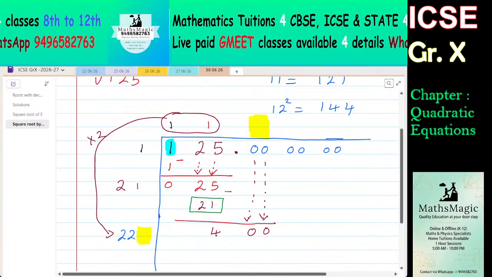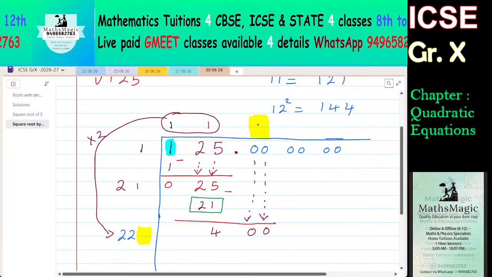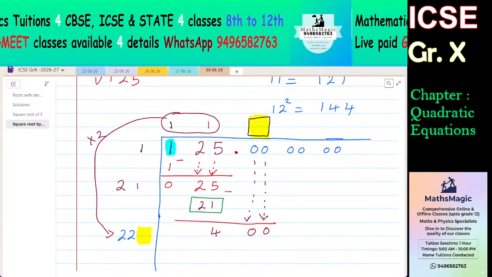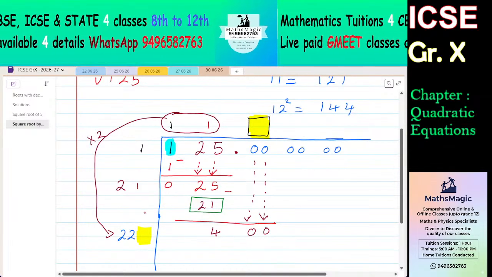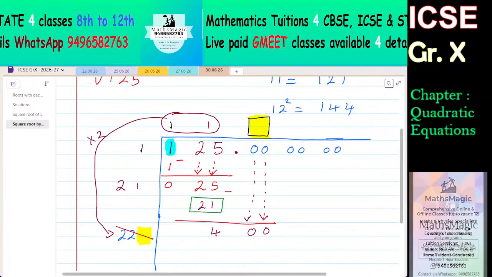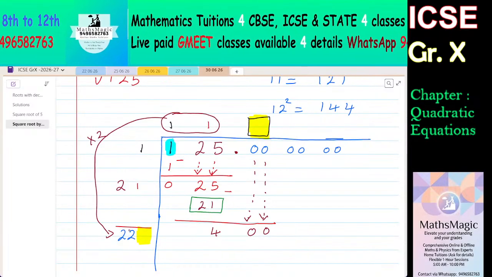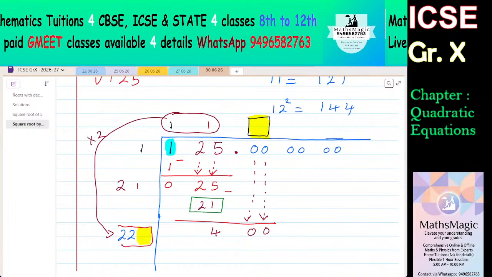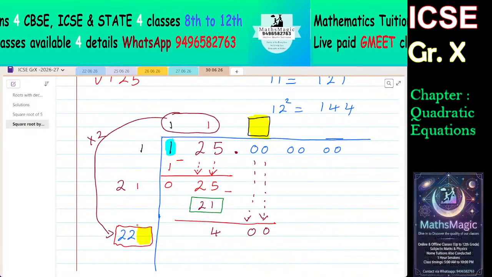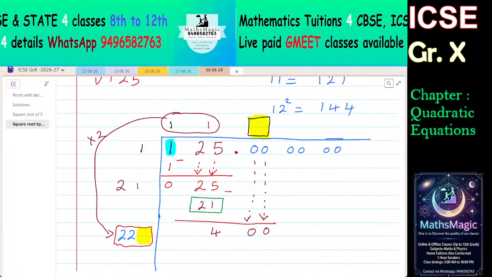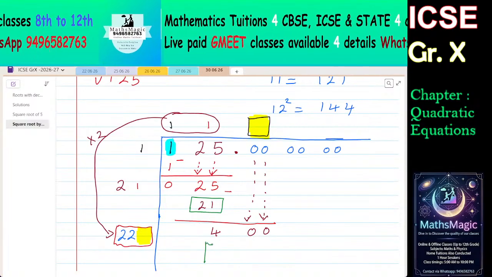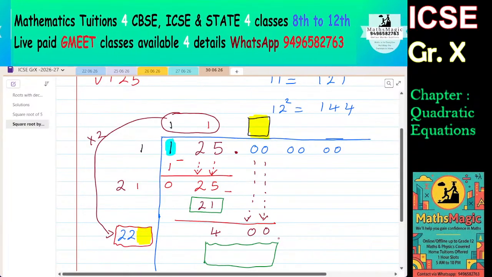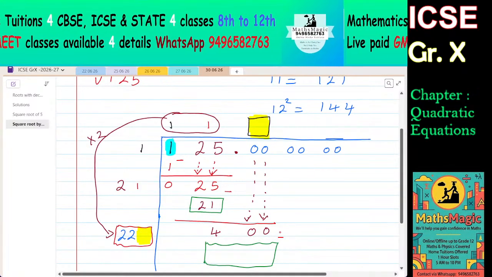We need to find a number that should be put in this black square box, and the same number we need to put in this red box. We will multiply the red box with the black box and write it in the green box here, and as before we will subtract.